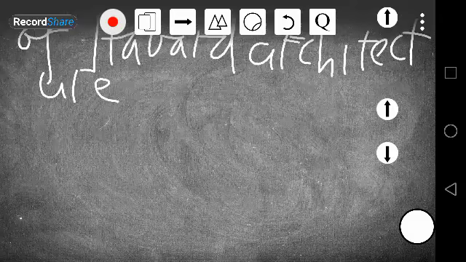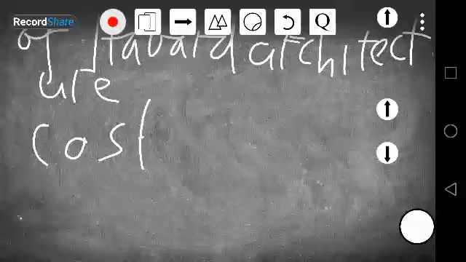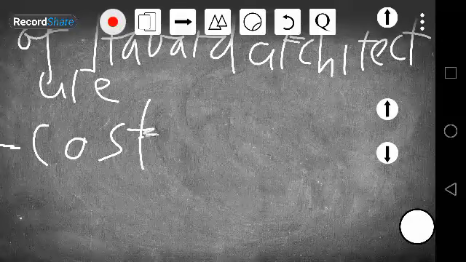Okay, the first disadvantage it comes with is the cost. Harvard architecture is a bit expensive, since it has more than one databus. Von Neumann is a bit cheaper in the sense that it uses one databus for both.